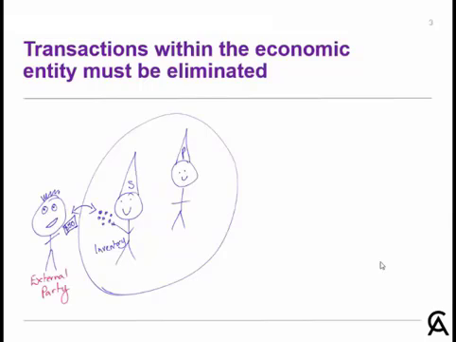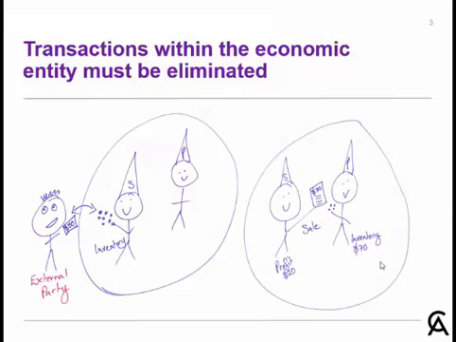So we need to look at transactions that occur within the economic entity, and where that happens we need to eliminate them. So here you can see in this picture that the subsidiary is having a transaction with an external party. So that's all good. We recognise that transaction in the consolidated financial statements because it's happening with an external party. They're paying $50 for inventory.